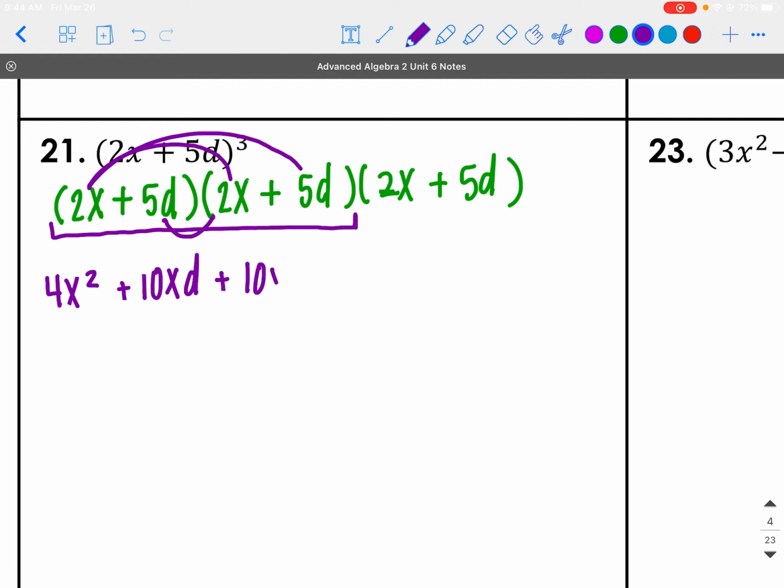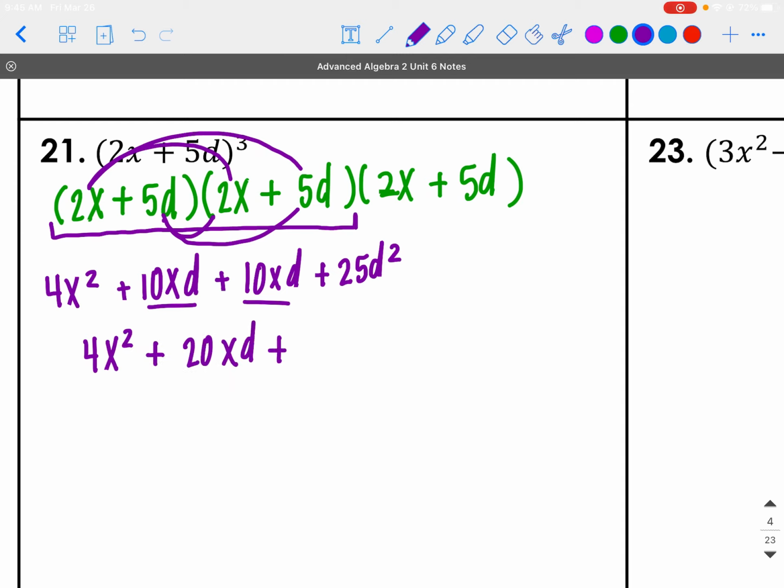Now let's keep our variables in the same order. Plus 25d squared. We have like terms. 4x squared plus 20xd plus 25d squared.